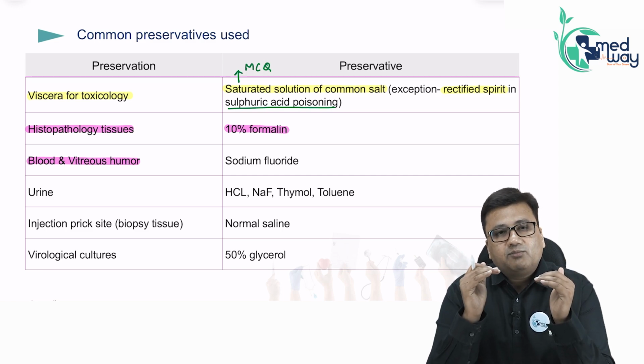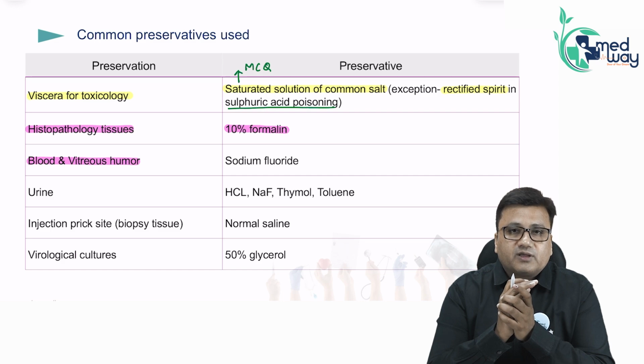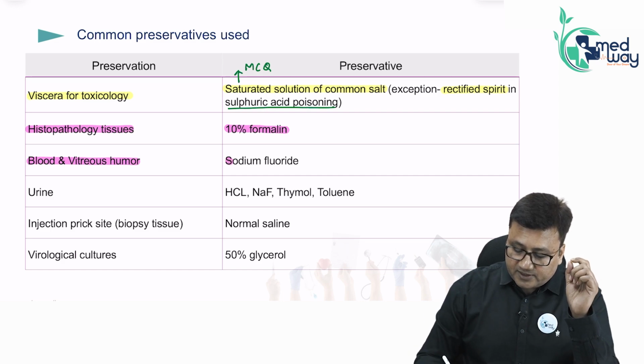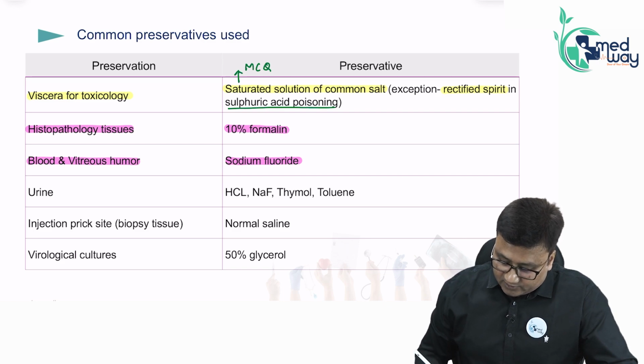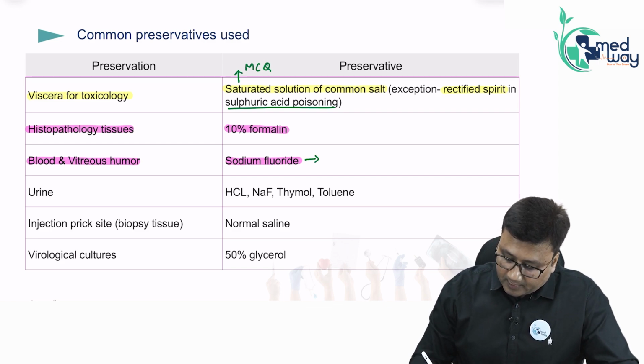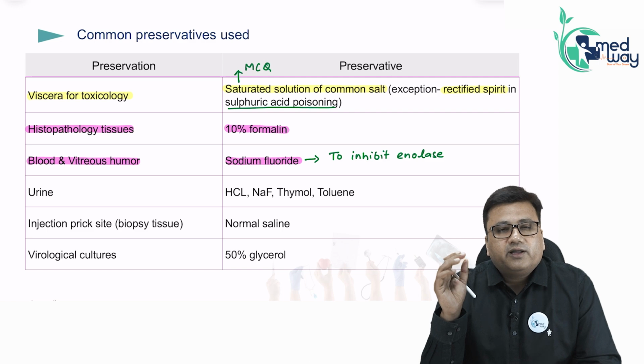The levels of alcohol in blood and vitreous humor are almost parallel, right. Both of them are preserved in sodium fluoride. The reason for adding sodium fluoride here is to inhibit enolase, right, a glycolytic enzyme.